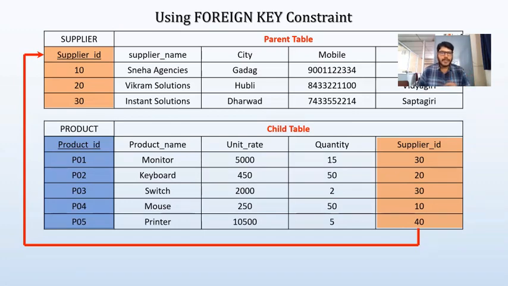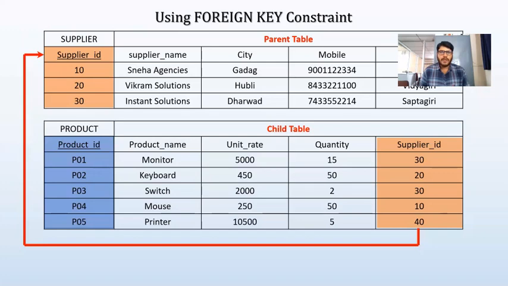Please try to understand here. Whenever we are going to create tables, always we have to create the parent table first. We cannot directly create a child table without a parent table. Sir, how to identify the parent table and the child table?